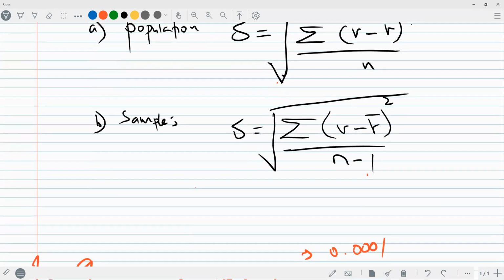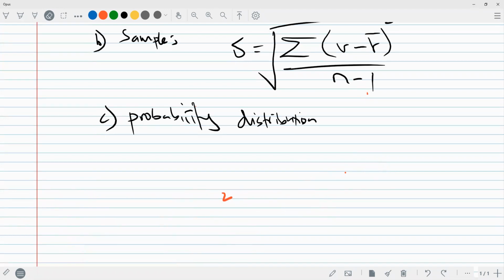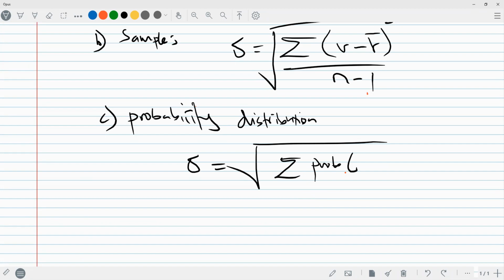Simple as that. Lastly, in case of a probability distribution, the standard deviation is equal to the square root of the sum of probability times deviation squared.